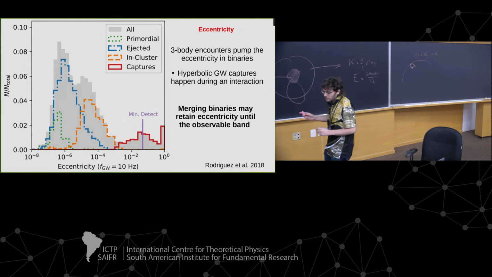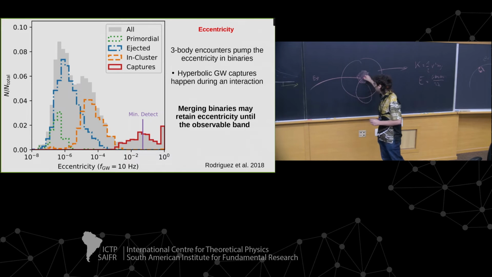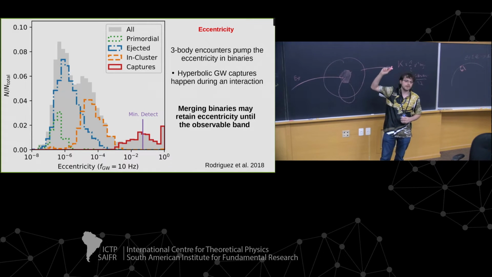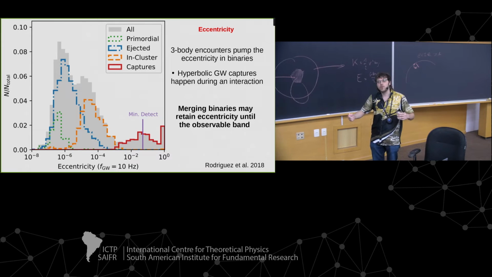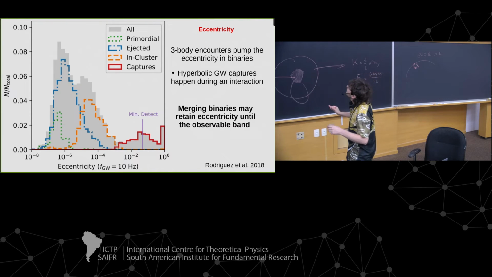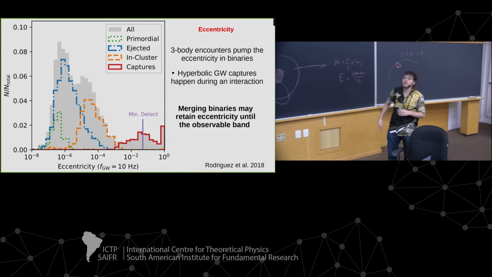These are binaries that have not been dynamically formed. So they have not been formed through dynamical interaction, but they were primordial binaries in the beginning. They were stellar binaries, and they somehow avoided all the interactions with other stars. They remained primordial, and they merged on their own. Okay. I think I covered all the 4 colors.